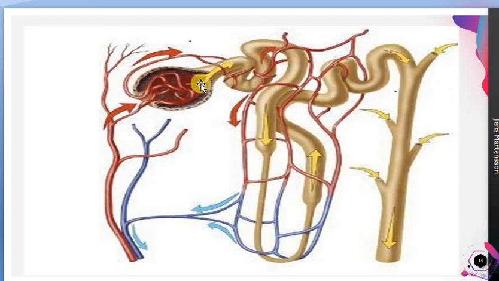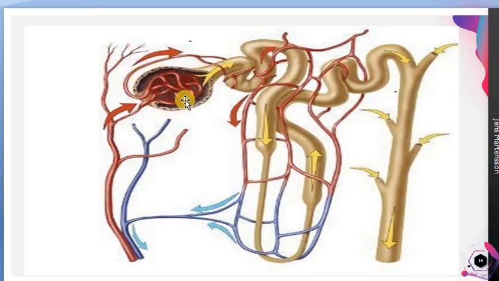Now the Malpighian capsule can again be divided into two parts. First one is the glomerulus. Can you see one blood capillary bunch here? This bunch of blood capillaries is known as the glomerulus. The glomerulus is found inside a single layer of epithelial cells that forms a cup.